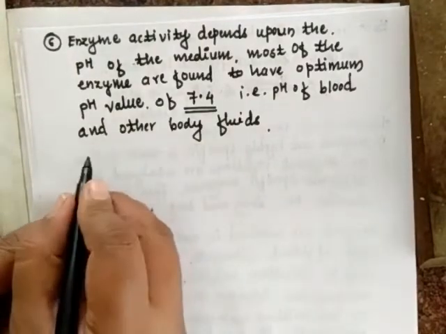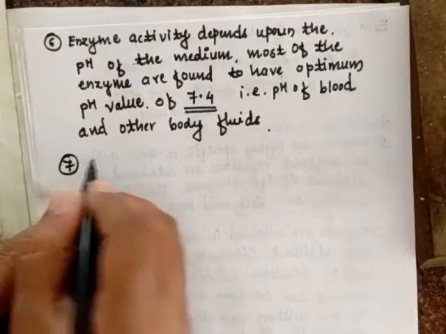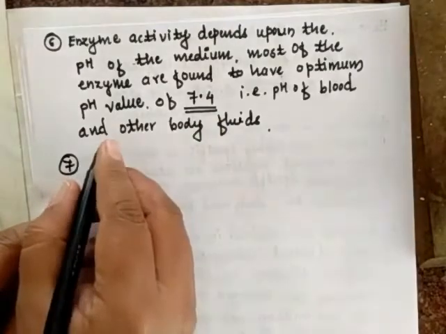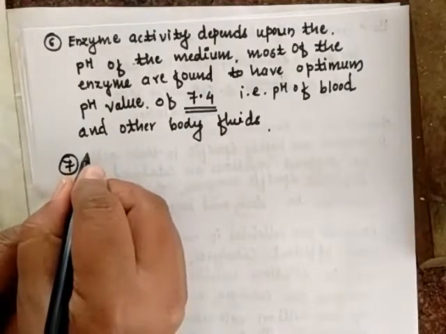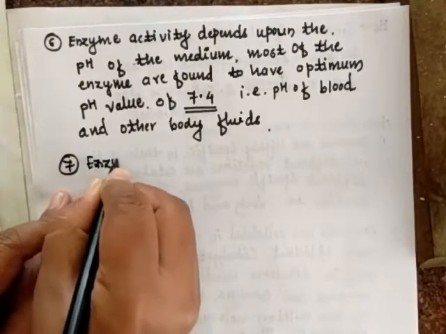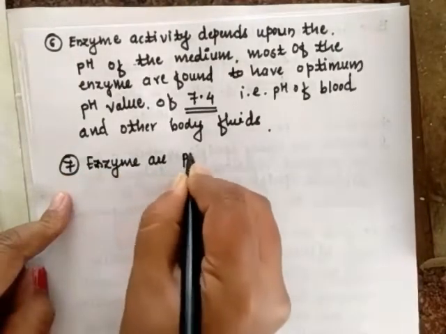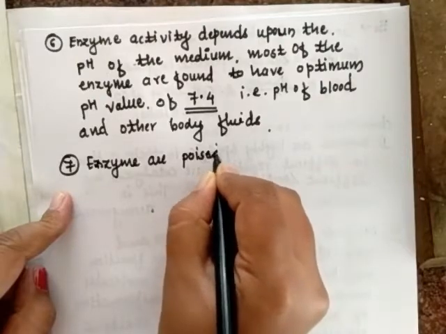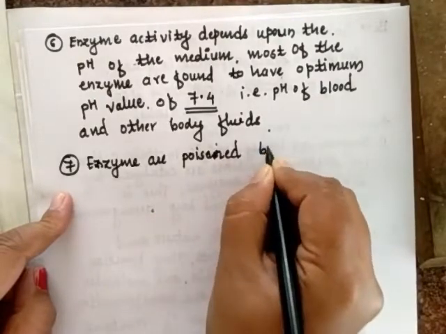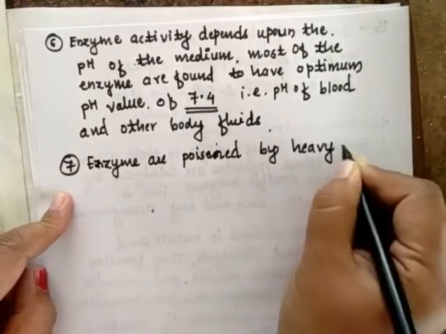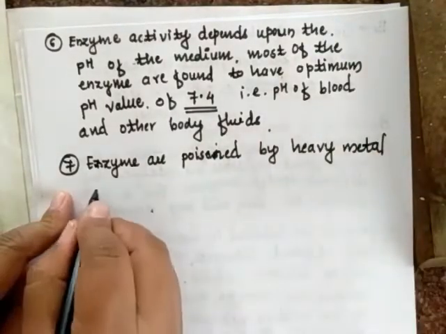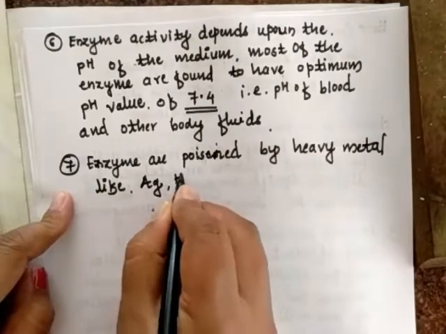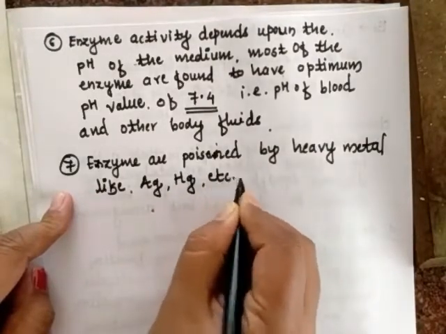Now the seventh characteristic of enzyme catalysis: enzymes are poisoned by heavy metals like silver, mercury, etc. Okay.